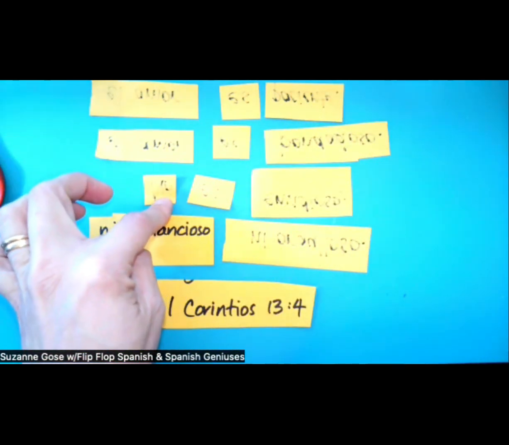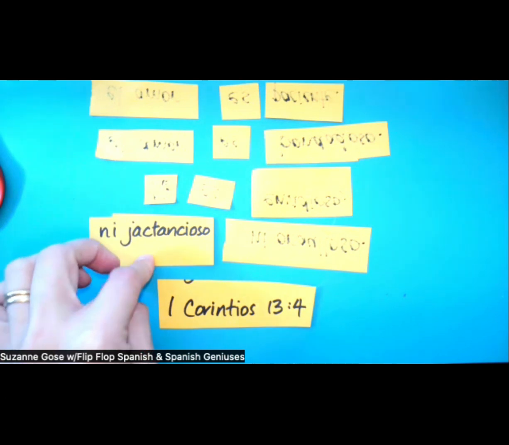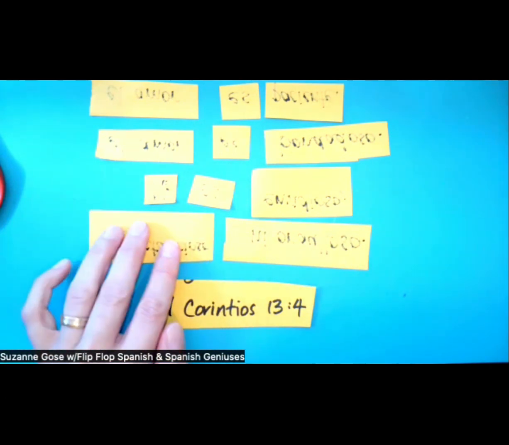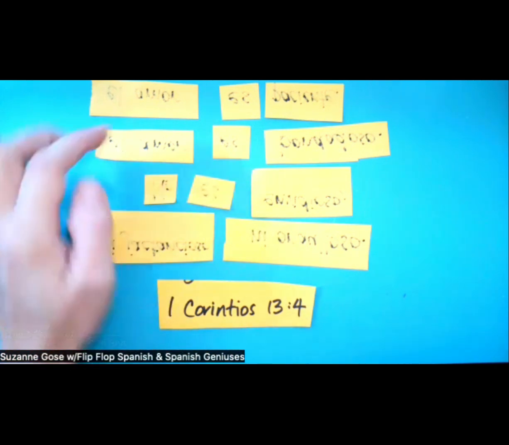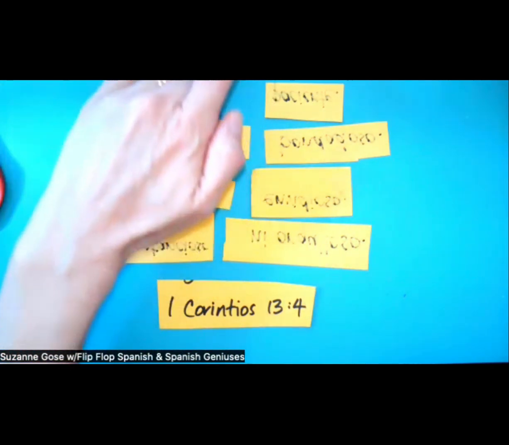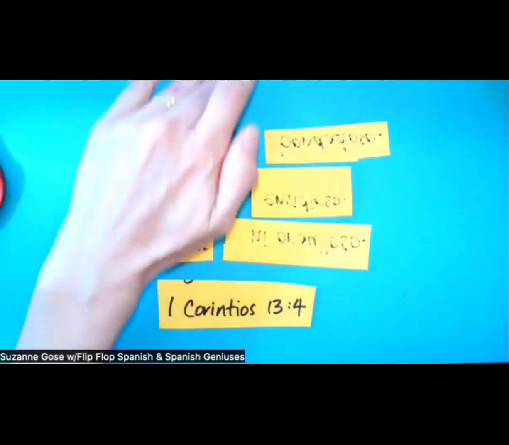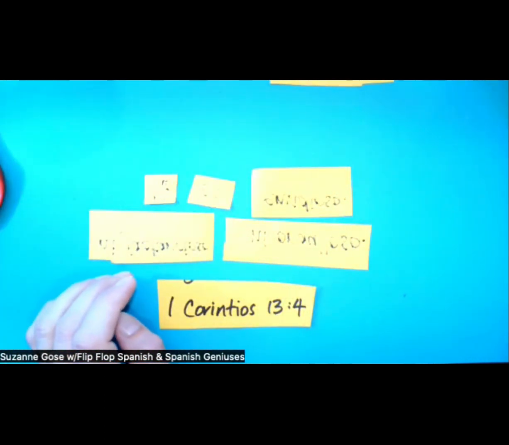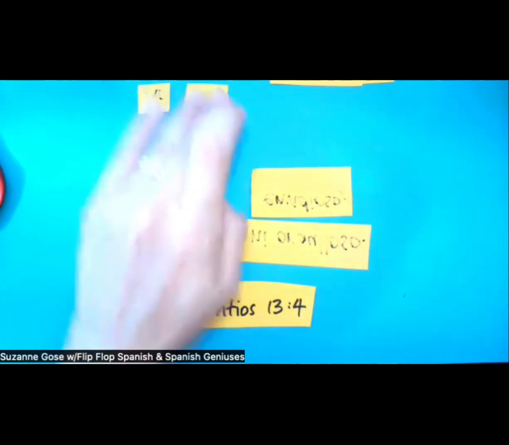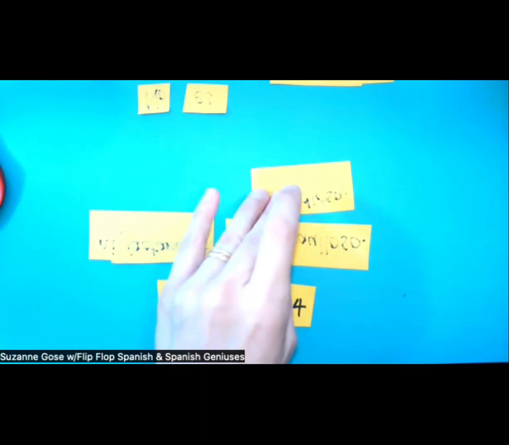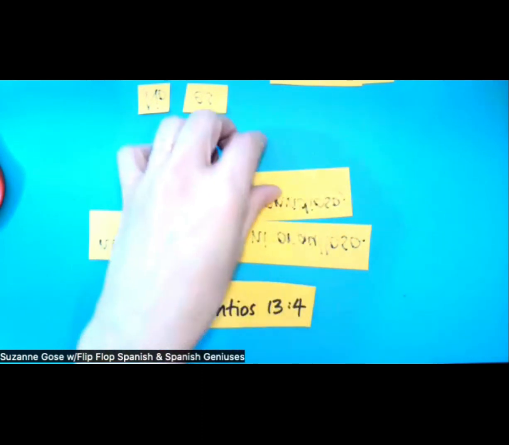No es envidioso, ni jactancioso, ni orgulloso. Jactancioso. 1 Corintios 13:4. El amor es paciente. El amor es bondadoso. No es envidioso. See, that's okay. I didn't flip it over.